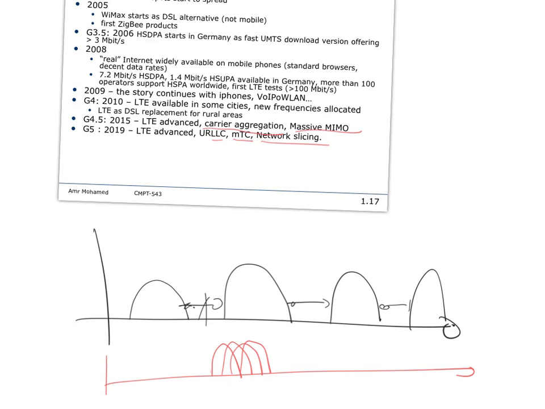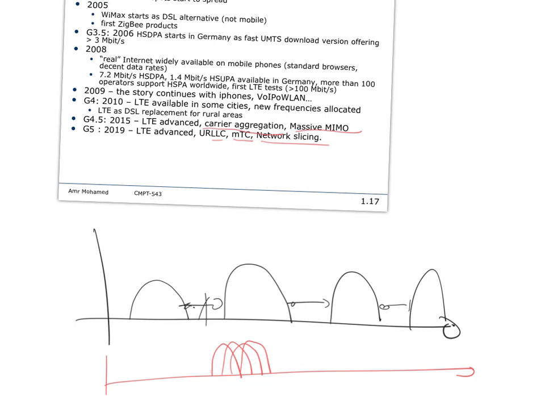But because, as you said, both of them are based on OFDMA, there is a chance you can do some software upgrade and support a part or subset of 5G features, but not all of them. For starters, for example, millimeter wave.